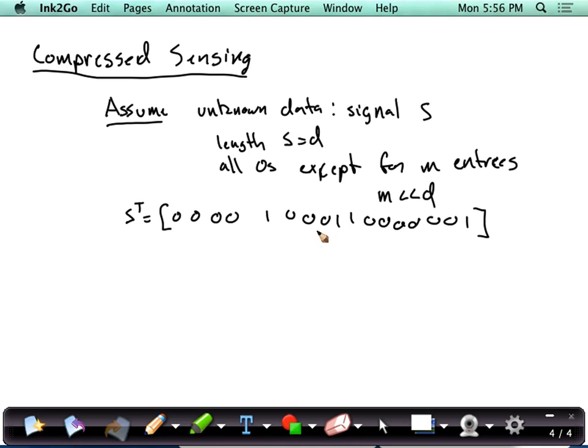And sometimes these zeros are not exactly zeros. Sometimes they have a very small amount of noise, like 0.0001, and there's some measurement noise, and all of the true values are much greater than 1. So there's some real true signal, and then maybe some very low noise. But for this class, to just give how this works, we're going to treat it as zeros and ones. And it's almost all zeros.